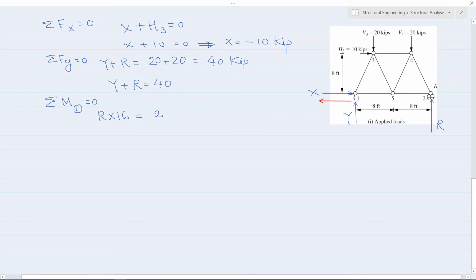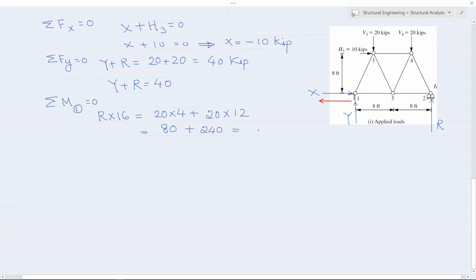So that means 20 multiplied by 4 plus this 20 is acting at mid of this member, so it will be 8 plus 4 is 12. That means 20 into 12. So this will give us 40 plus 240.